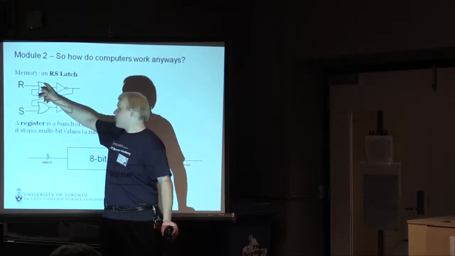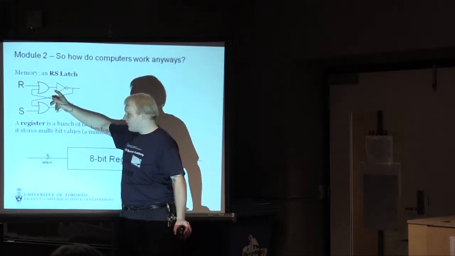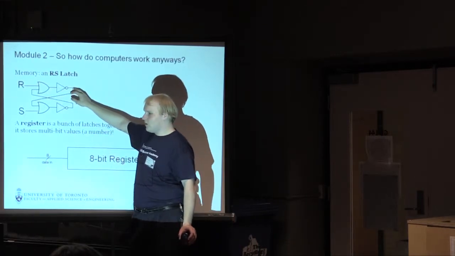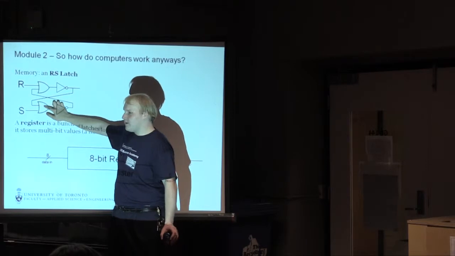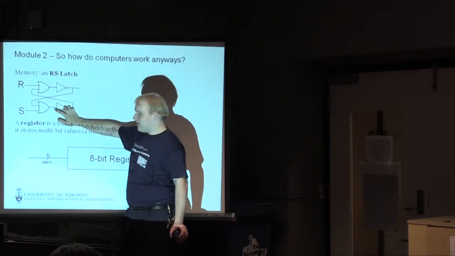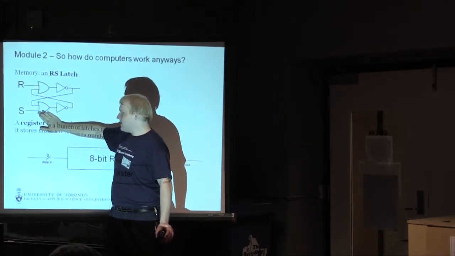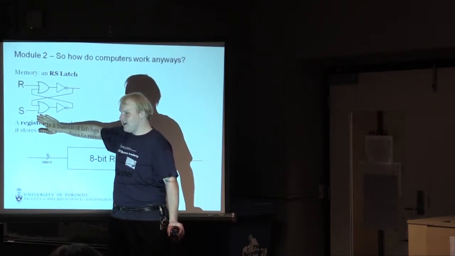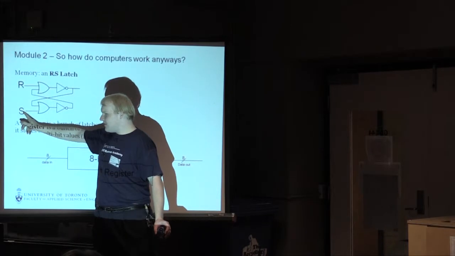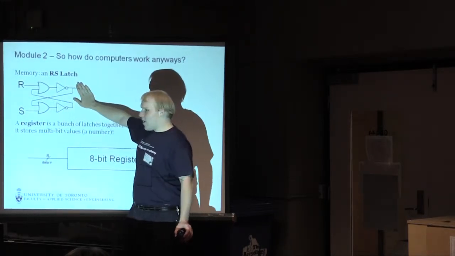This is also 0. 0 or 0 is 0. And not 0 is 1. This 1 comes down here, and now it's being put into this gate. That keeps this gate at a 1 even after we turn this off. Cool, eh? So now that we've put this on for an instant, this is now a 1.